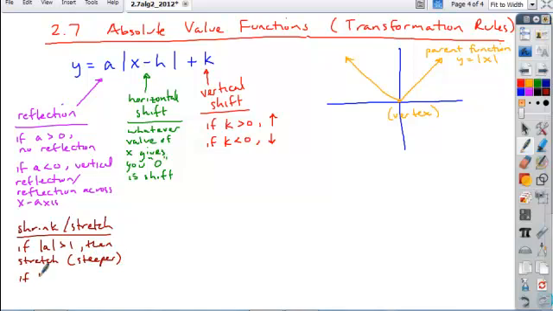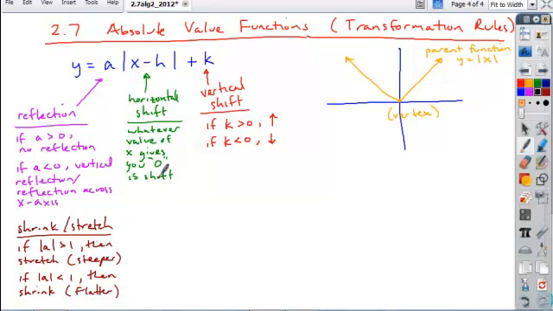And if the absolute value of a is less than 1, meaning it's a fraction that's smaller than 1, then you're going to get a graph that shrinks from the parent graph, which means it's a flatter graph. So these are the transformation rules. They apply to every function, including the absolute value functions that we're going to look at here.